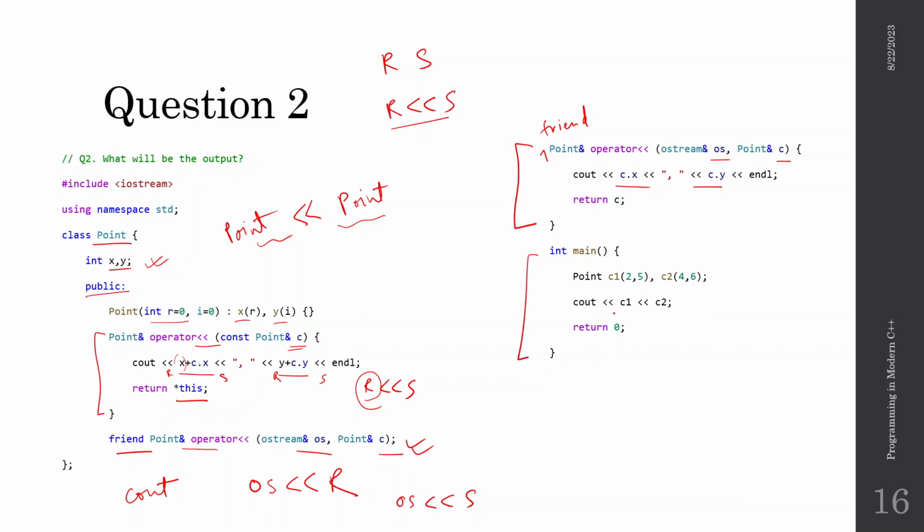Now we come to the main function. In the main function we are defining 2 points c1 and c2 with coordinates 2 comma 5 and 4 comma 6, and now we have this line.